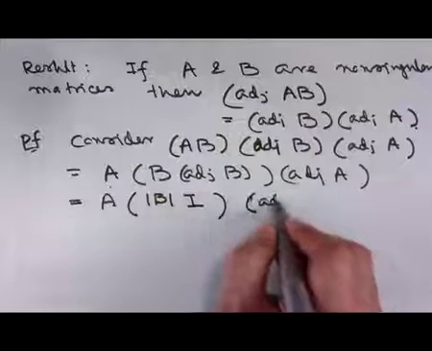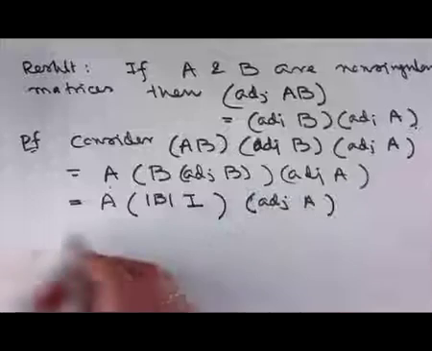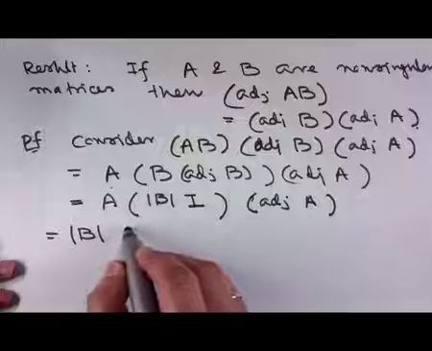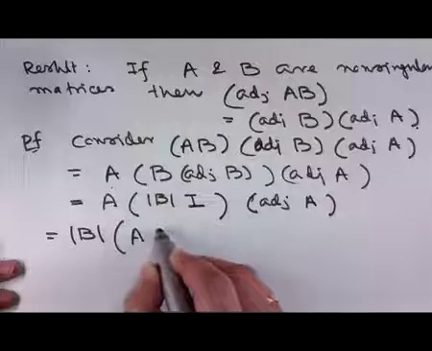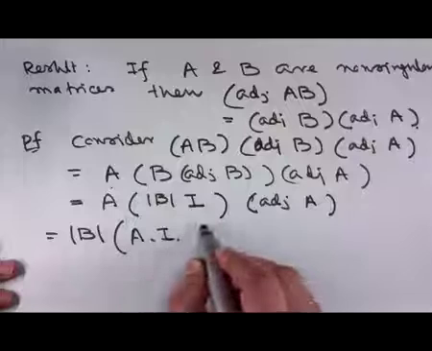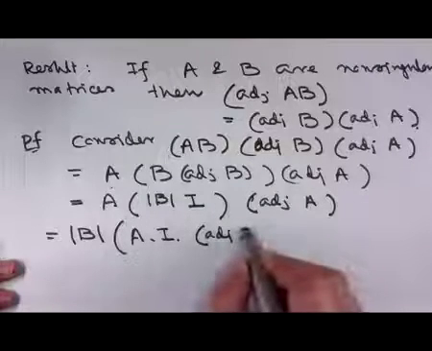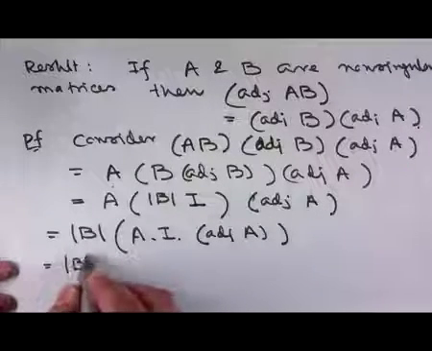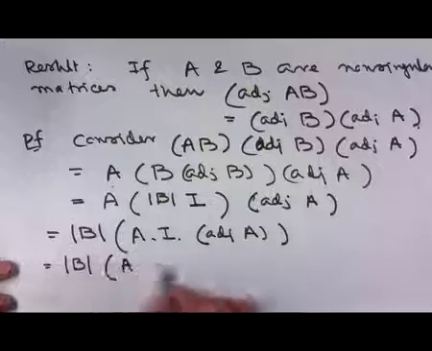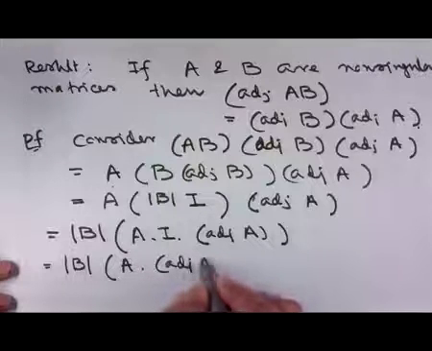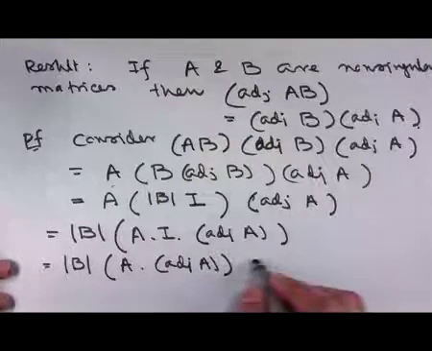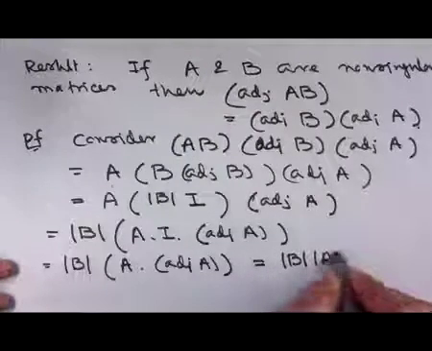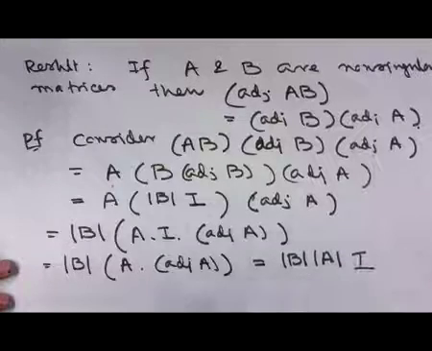Into adjoint of A is equal to determinant of B into A multiplied with identity multiplied with adjoint of A, which is equal to determinant of B multiplied by A into adjoint of A, which is equal to determinant of B into determinant of A into identity.